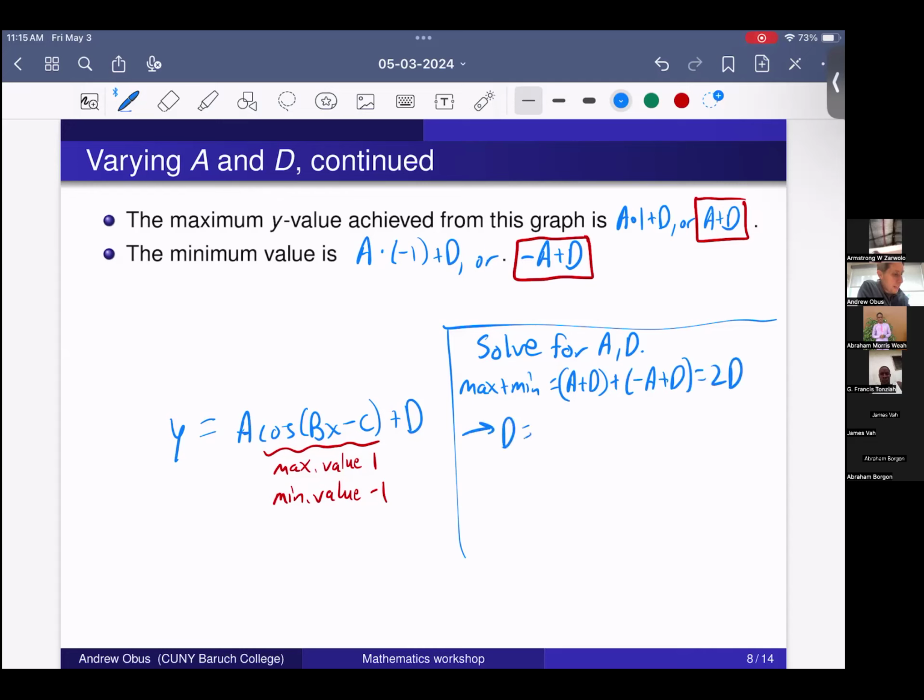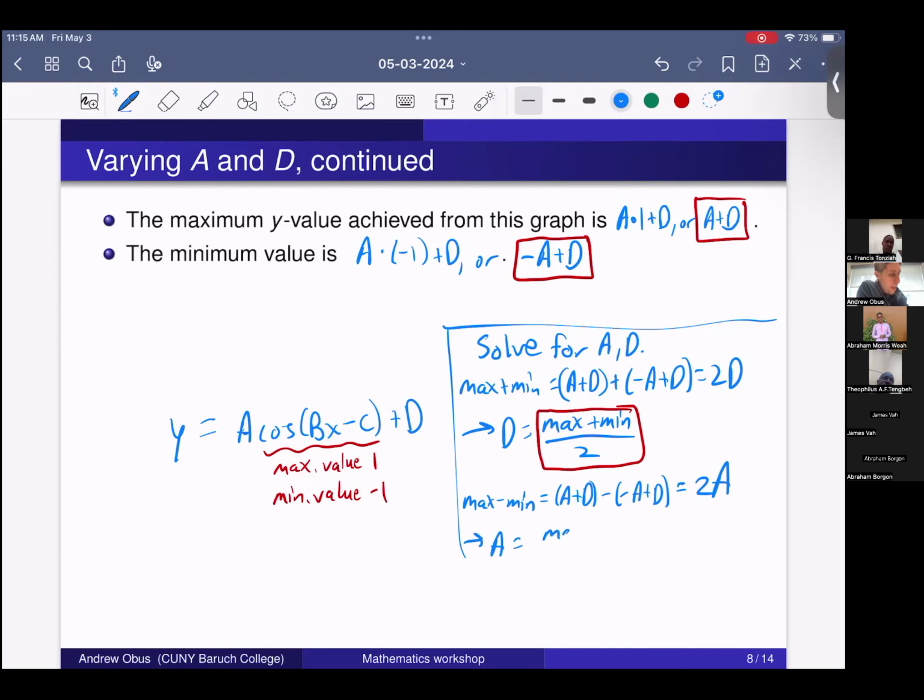So this gives us that d is equal to the maximum plus the minimum divided by 2. And similarly, if I do max minus min, this is equal to a plus d minus negative a plus d, and that comes out to be equal to 2a. And from this, we get that a is equal to the max value minus the min value divided by 2.